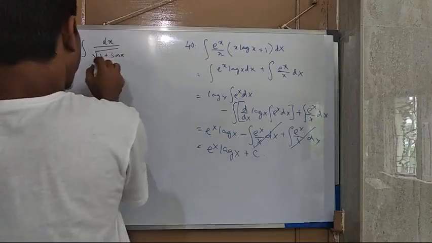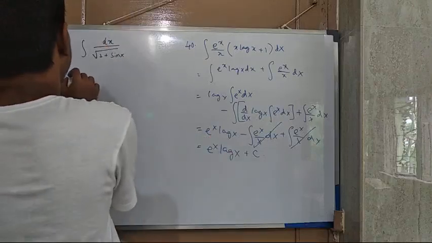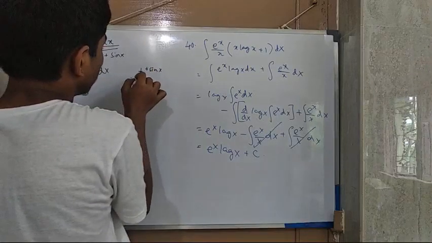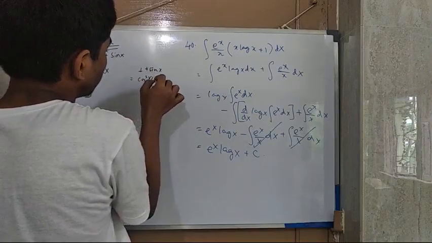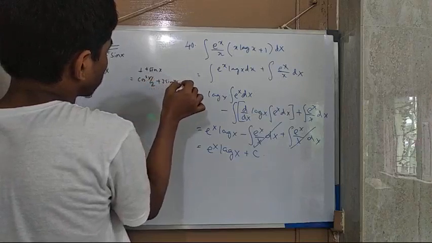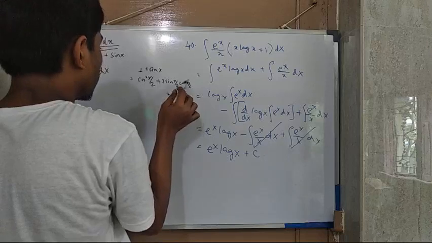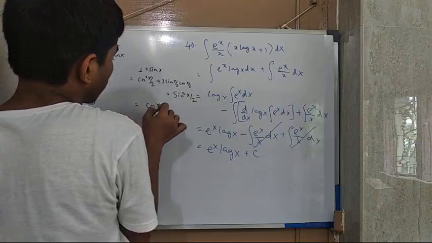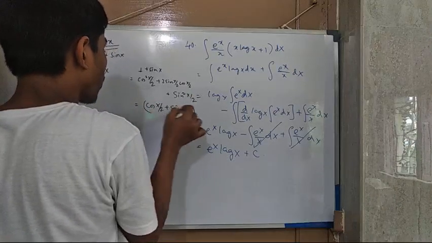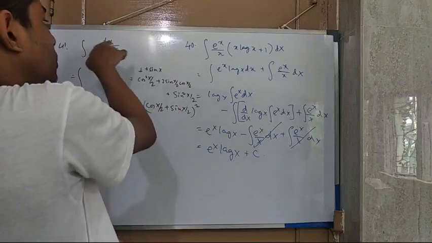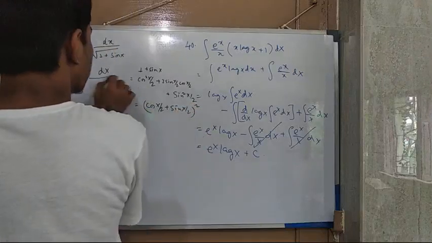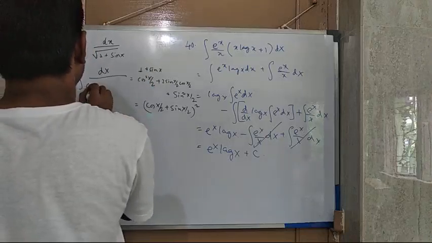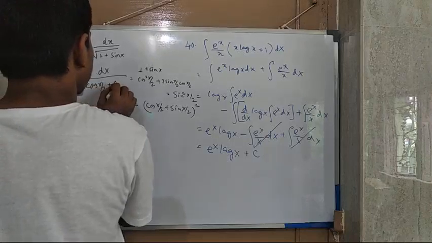So this is actually, you have to write 1 plus sin x in a whole square format, which is actually 1 plus sin x equals cos squared x by 2 plus 2 sin x by 2 cos x by 2 plus sin squared x by 2, which gives you cos x by 2 plus sin x by 2 whole squared, and as there is a root here, the square will cancel out. So this is actually dx by cos x by 2 plus sin x by 2.